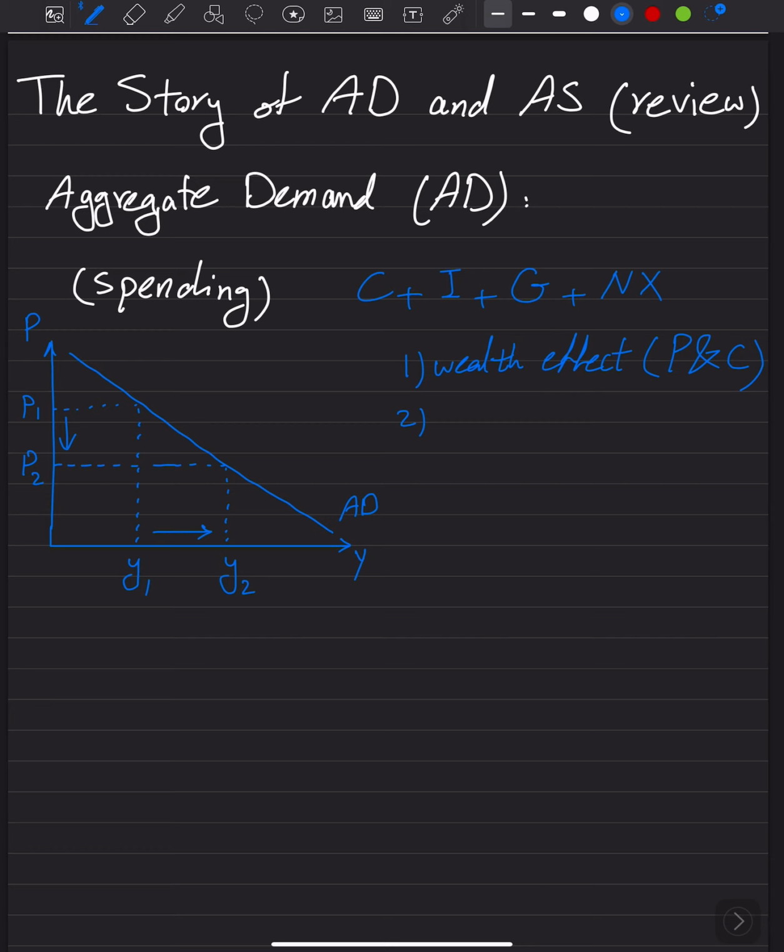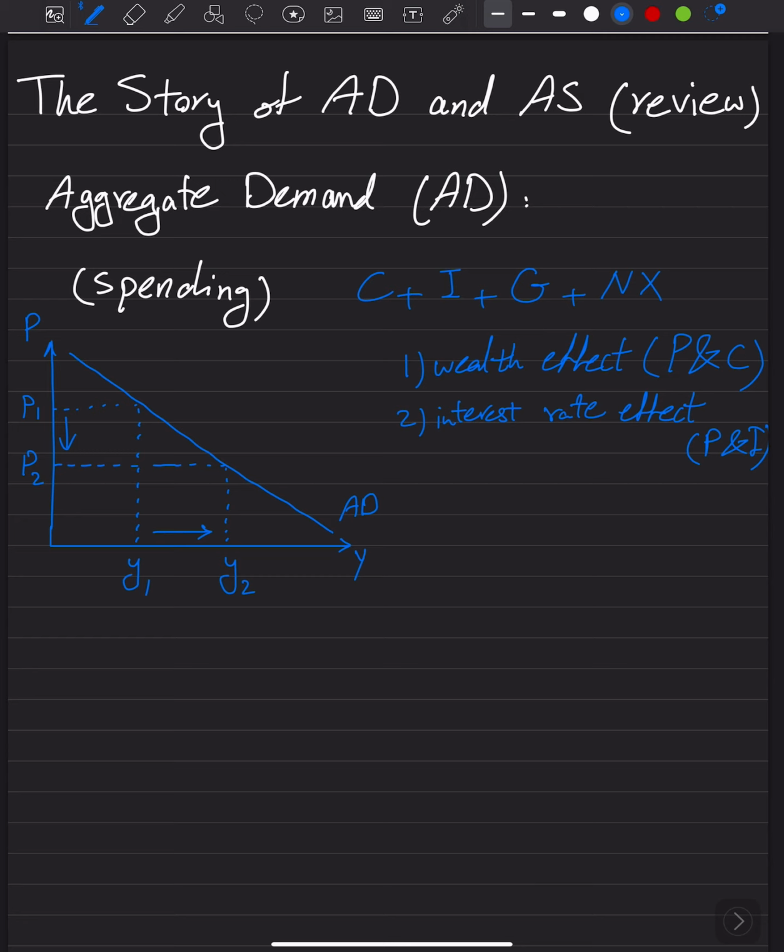The second channel that describes why there is a negative relationship between the price and the quantity is known as the interest rate effect. It shows the relationship between the price and the investment by the firms and companies. Okay?